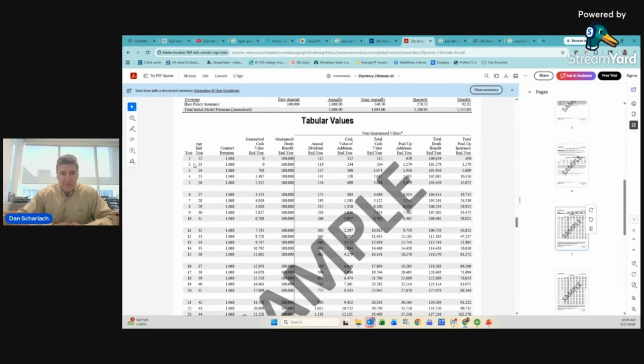What I want to focus on first is premiums. Most people don't really think about their premiums all that much during retirement, because most of the time when people take life insurance out, they're focused on now, meaning they're focused on what it's going to cost them today and less focused on what it's going to cost them at 65 or 70 or 60 or whatever age you so desire to retire.